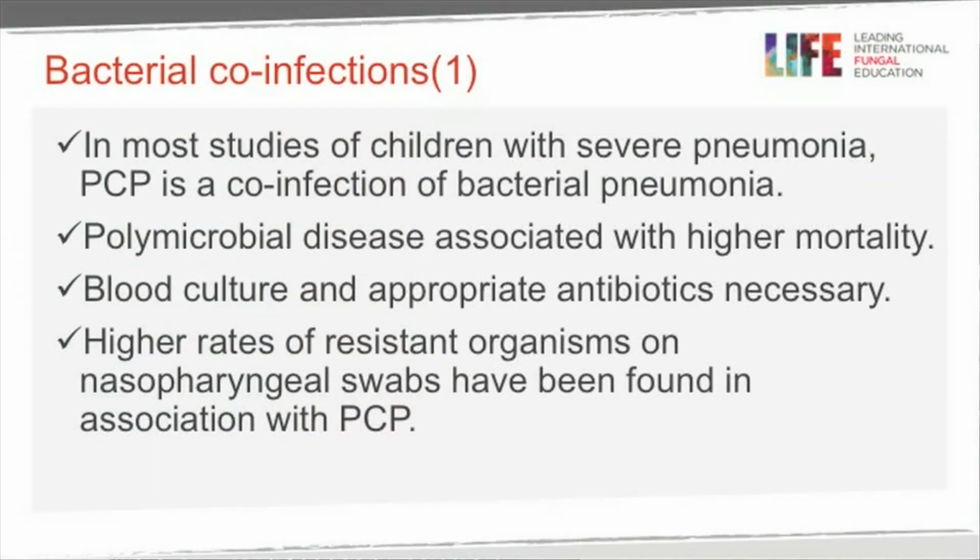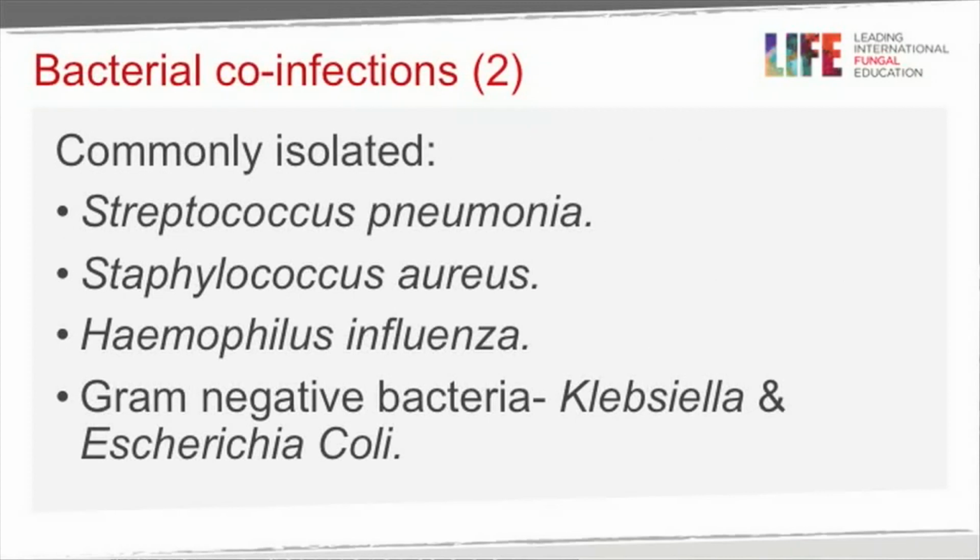Higher rates of resistant bacterial organisms have been found on nasopharyngeal swabs in association with PCP in children. The commonly isolated bacteria are Streptococcus pneumoniae, Staphylococcus aureus, and gram-negative bacteria like Klebsiella and Escherichia coli.